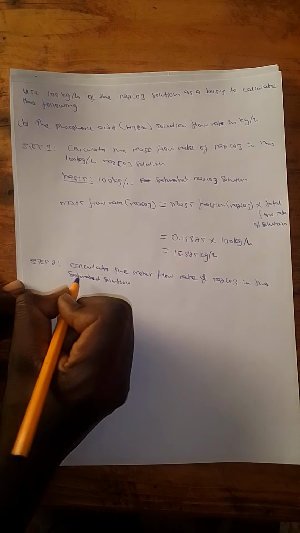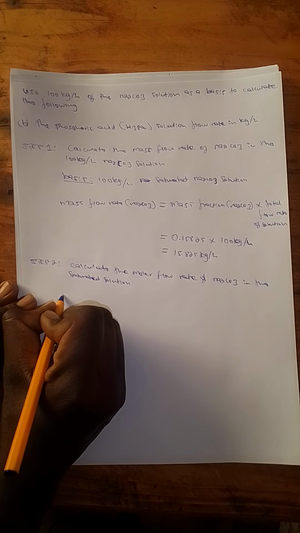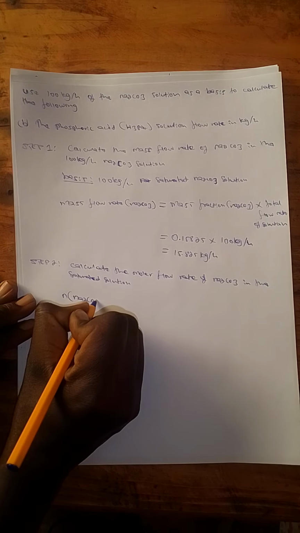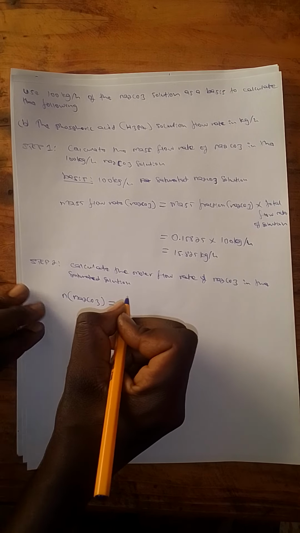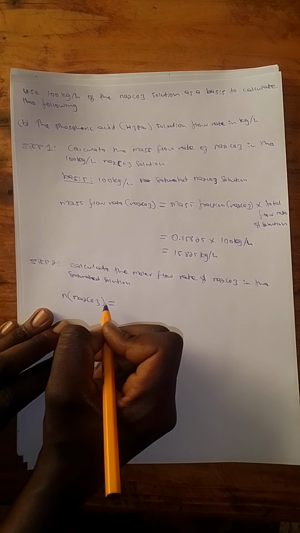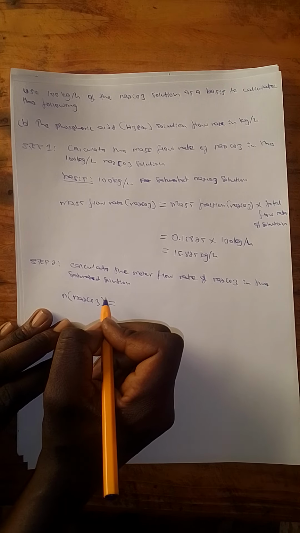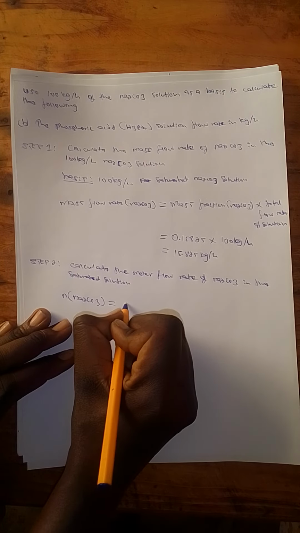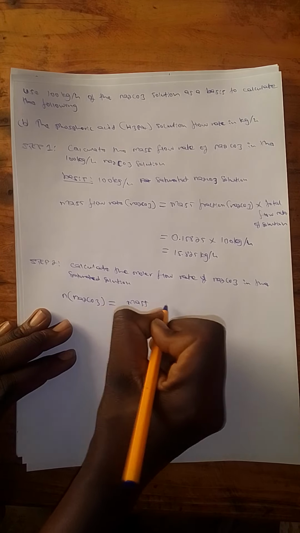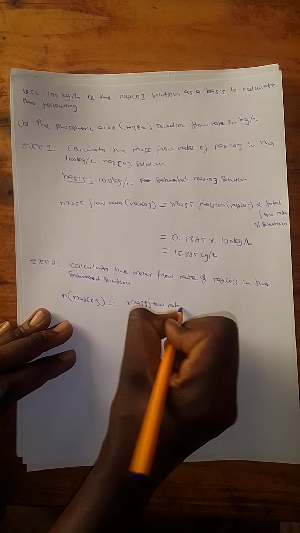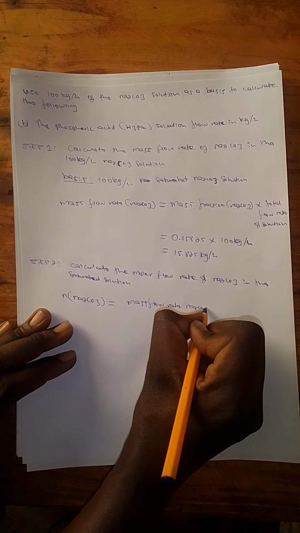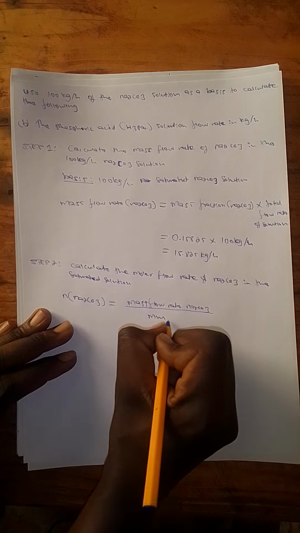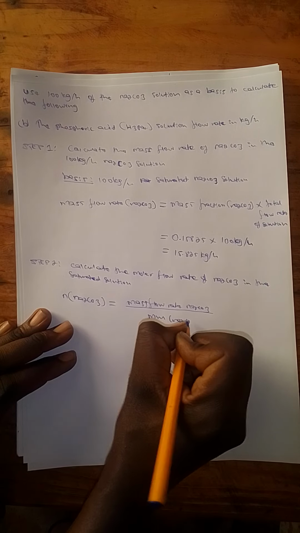With that said, the number of moles of Na2CO3 is the mass over the molar mass. So it's the mass flow rate of Na2CO3 all over the molar mass of Na2CO3.